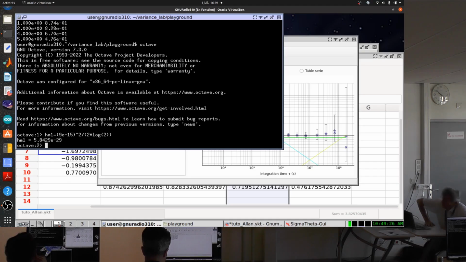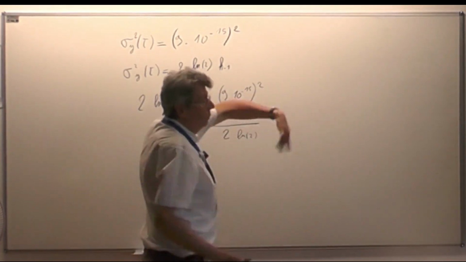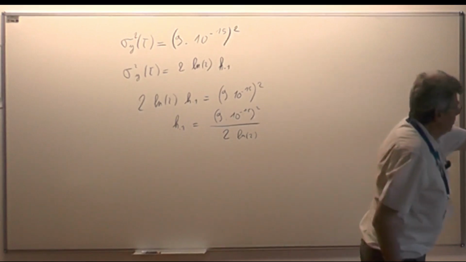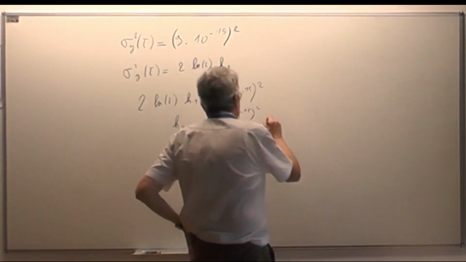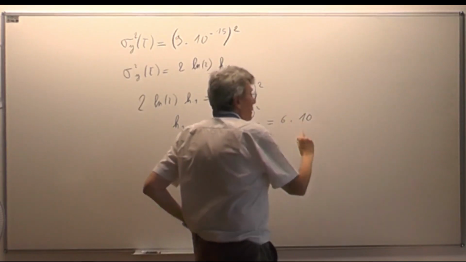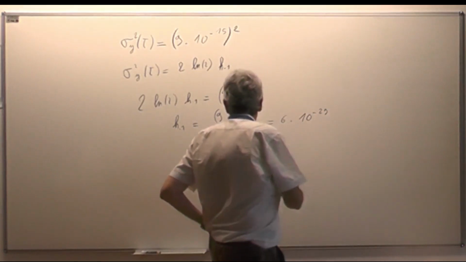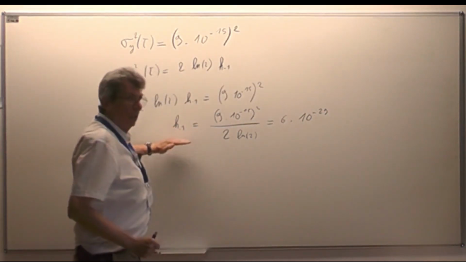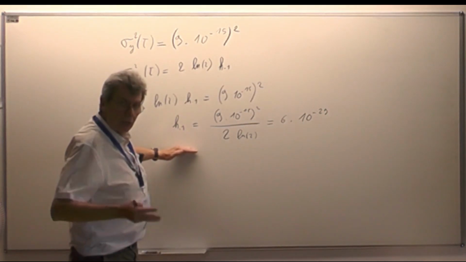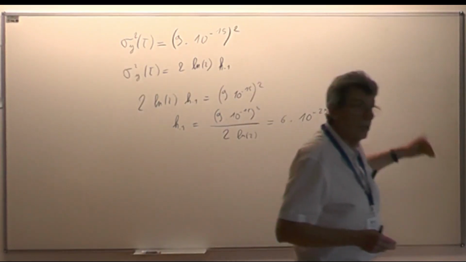And I obtain 6 10 to the minus 29. I drop everything beyond the dot. So I have an estimation of the noise level of the spectral density. We are doing spectral analysis in this case.